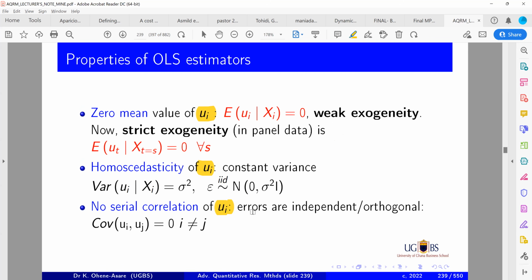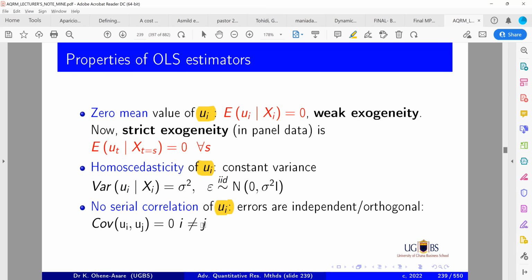In other words, the relationship between error u1 and error u2 must be zero. There mustn't be any connection, any correlation between them. Another mathematical way of writing that is saying that the covariance of u_i and u_j should be equal to zero, where i is not the same as j. They are two different errors.